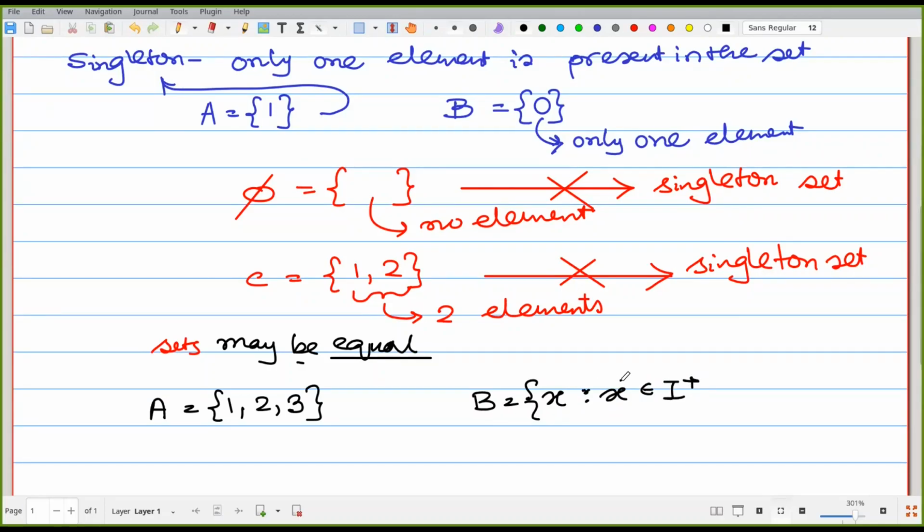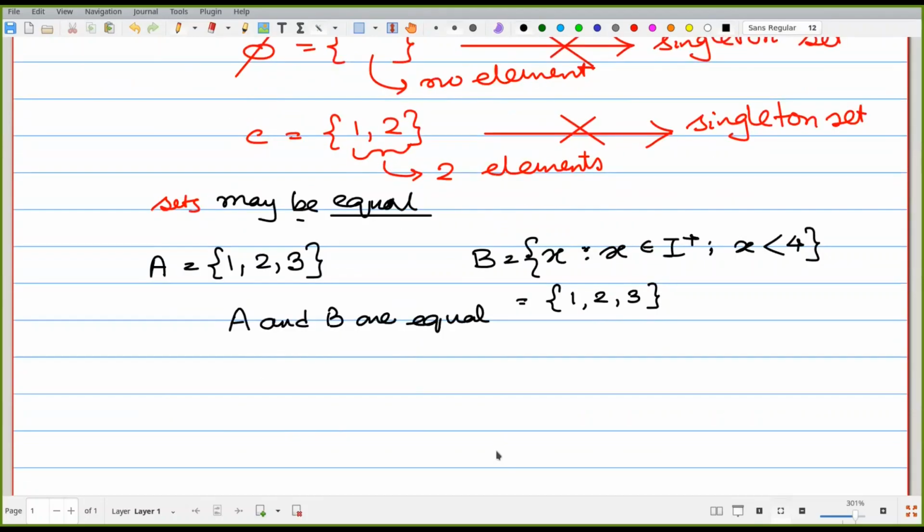So X is a positive integer. Moreover, X is less than 4. So obviously it should start from the positive integer 1, then 2, then 3, and end. So we can say A and B are equal sets, and we can write it as A is equal to B.